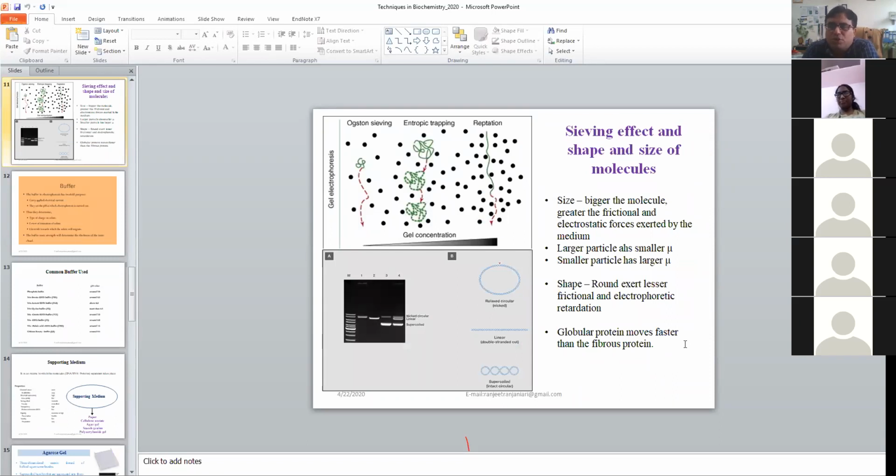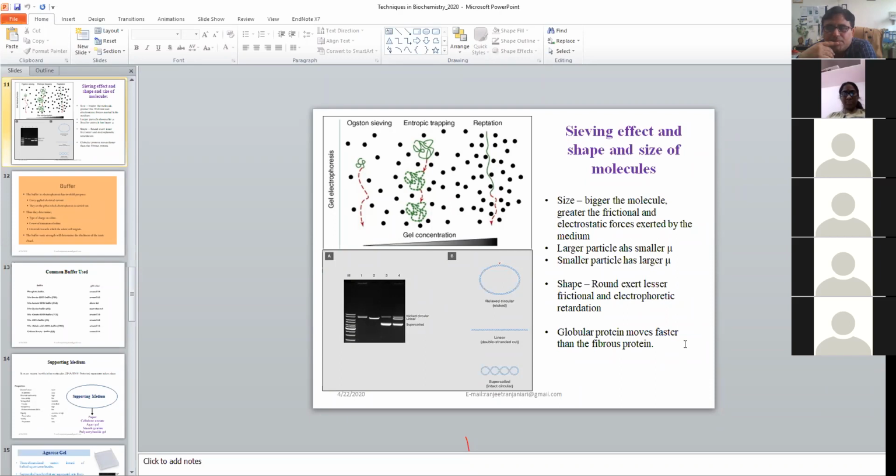Now coming on to the movement. Can you tell me, in case of gel, where this DNA or the RNA moves, in which portion of the gel? Suppose you are loading your sample onto the agarose gel and when you provide the electric field, what is your idea, where will this DNA move in the gel?